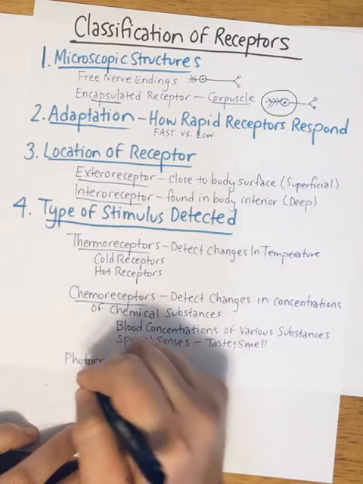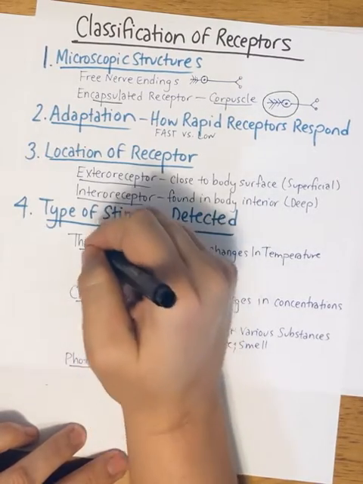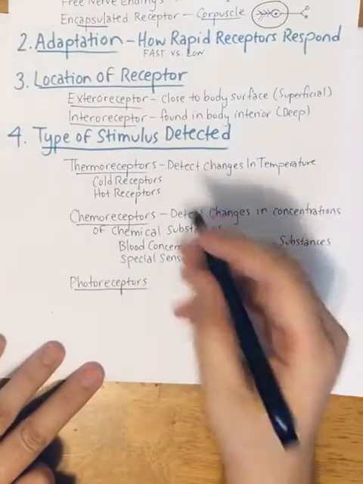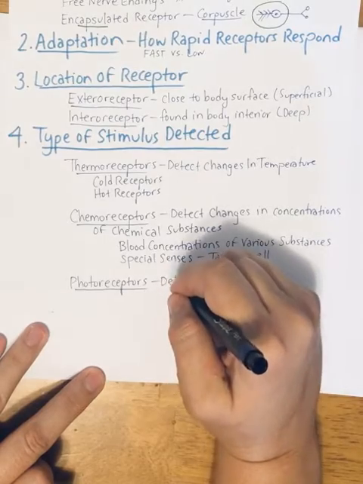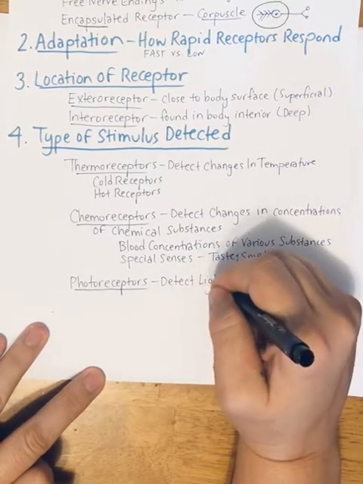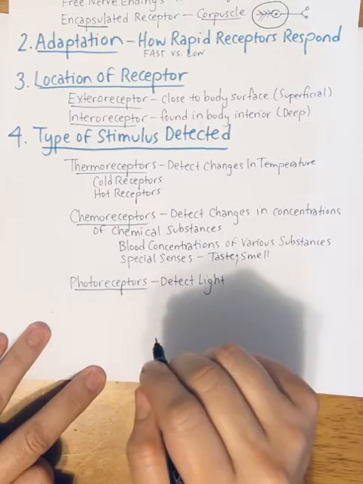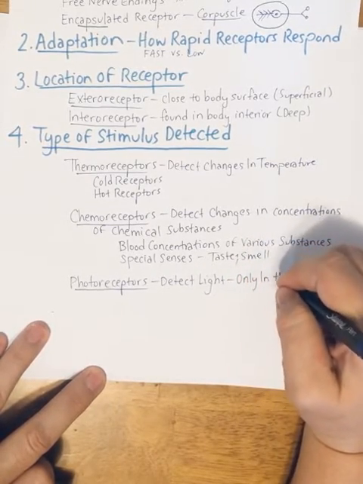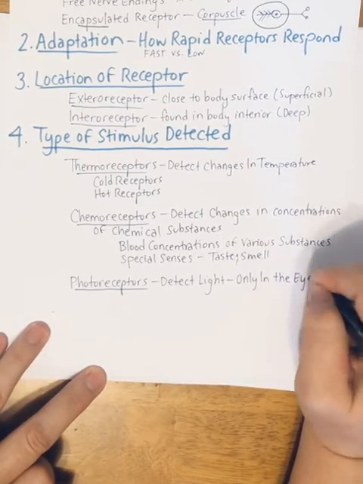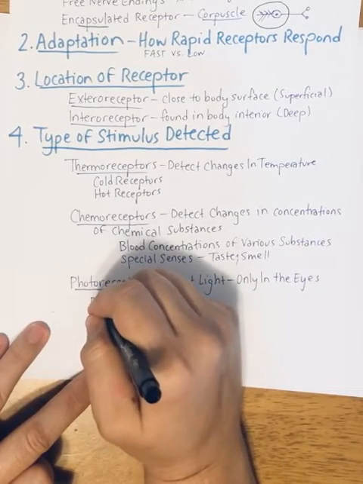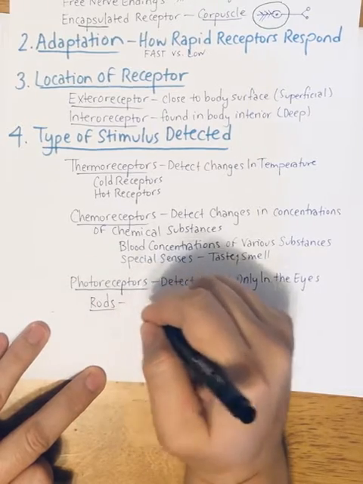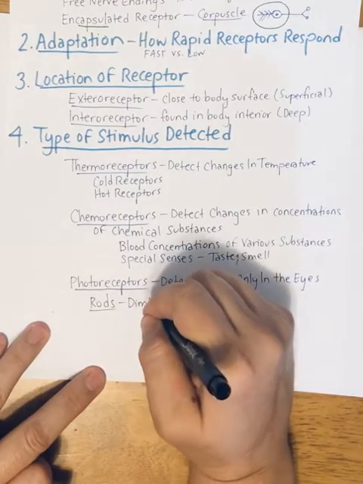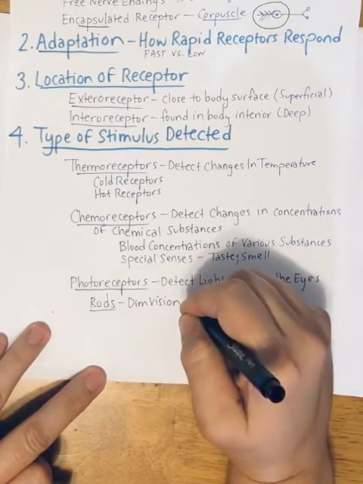Now, photoreceptors. So chemo, chemical, thermo, thermal, photoreceptors are going to be used to detect light. For the human, these are only in the eyes. We're going to learn that the photoreceptors are called rods. Rods are going to help you see in dim light.